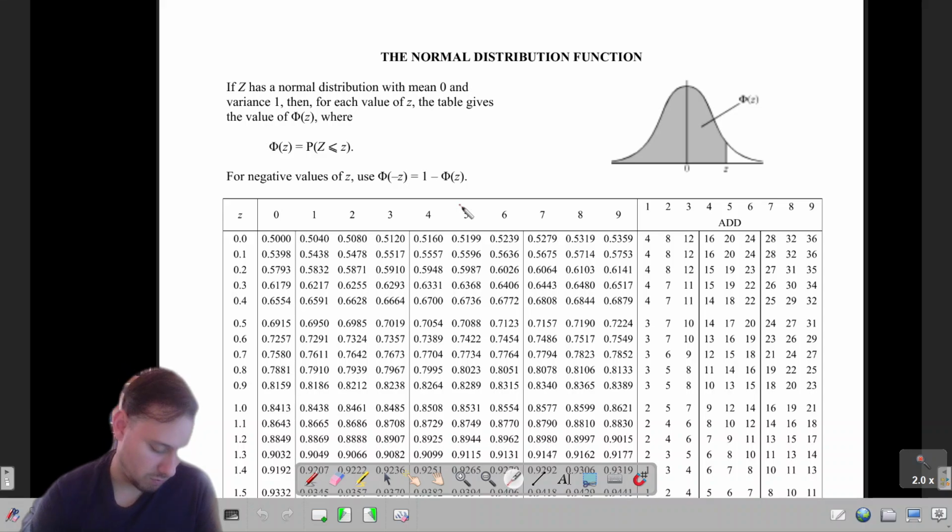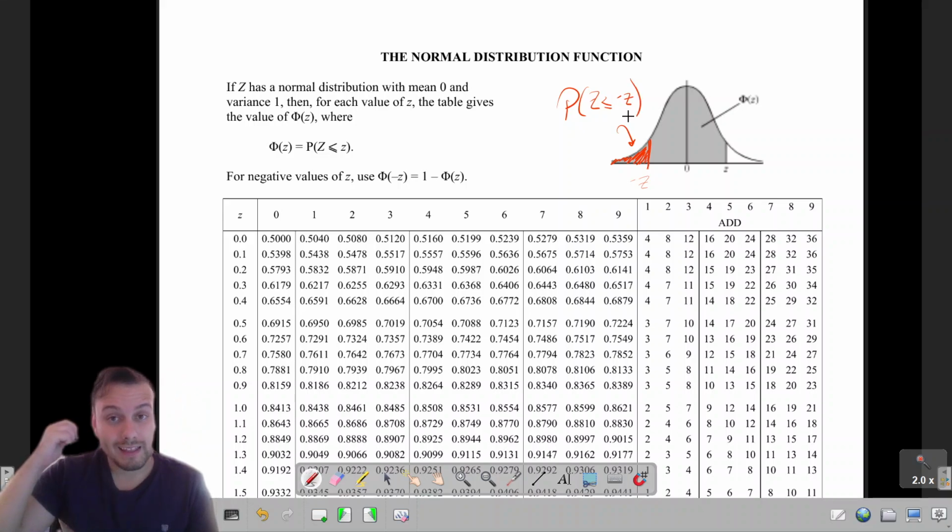Why is that? Well, this has to do with the following. If your z is negative, you will be going here, for example. I'm going to try to do it a bit closer to the actual value. This will be my negative z. And this area that I'm shading here would be the probability that Z is less than or equal to negative z.